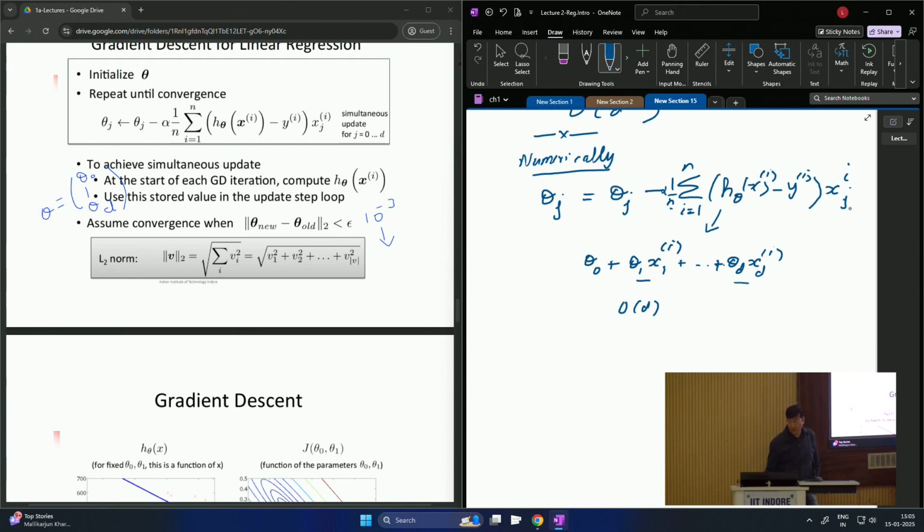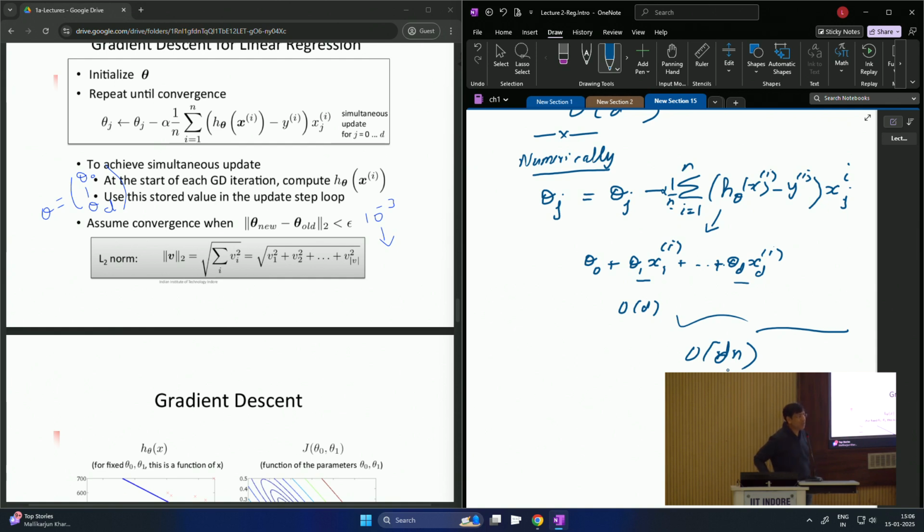So that's why I'm doing it. So you do D multiplications, D additions, you do one subtraction, you do one multiplication. Correct? But then there is a summation in front. So you do this how many times? N times. So computing the whole thing is order of d times n or n times d, whatever you want. Correct? So this is the complexity of finding one theta.